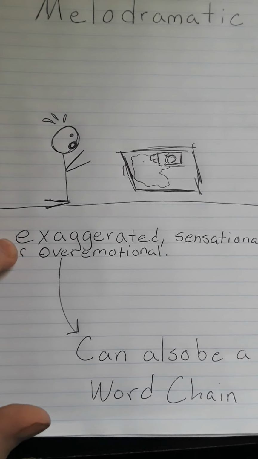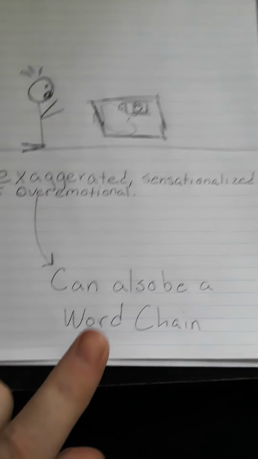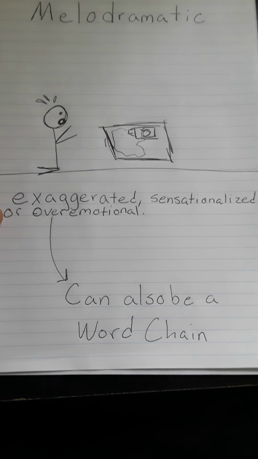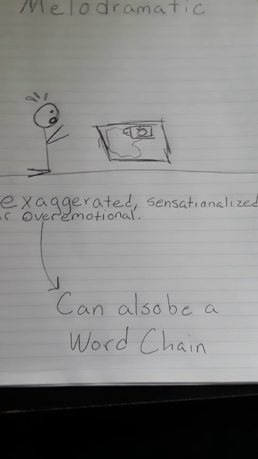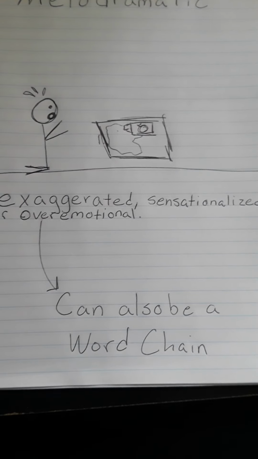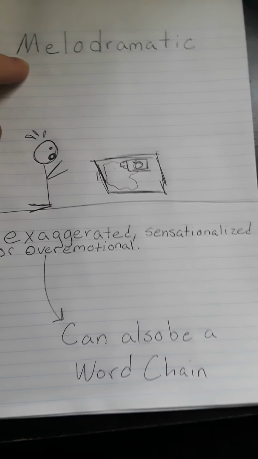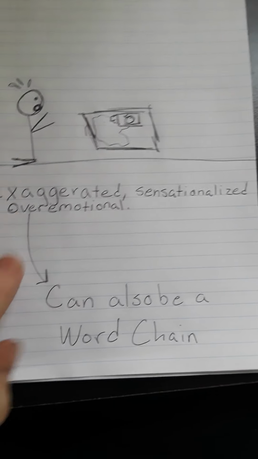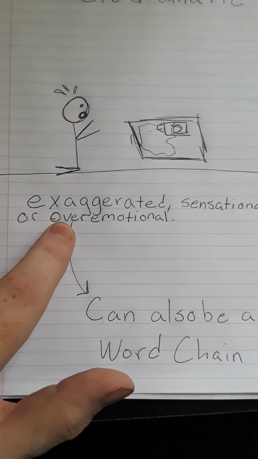The description right down below shows that, and I also noticed that this is actually an example of another activity, known as the word chain. The word chain is where you take the word and put it with those that are similar, in this case, exaggerated, melodramatic, sensationalized, or over-emotional.